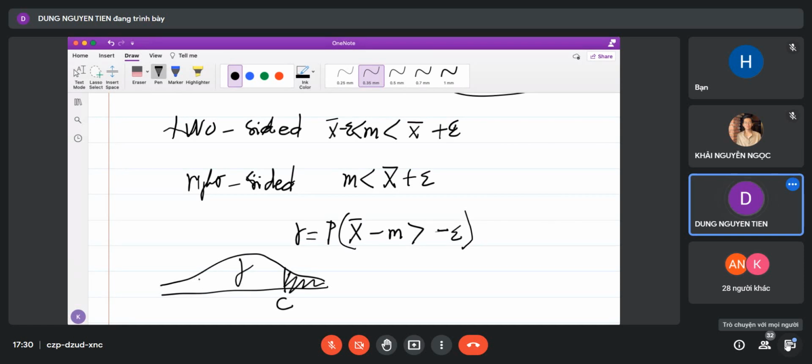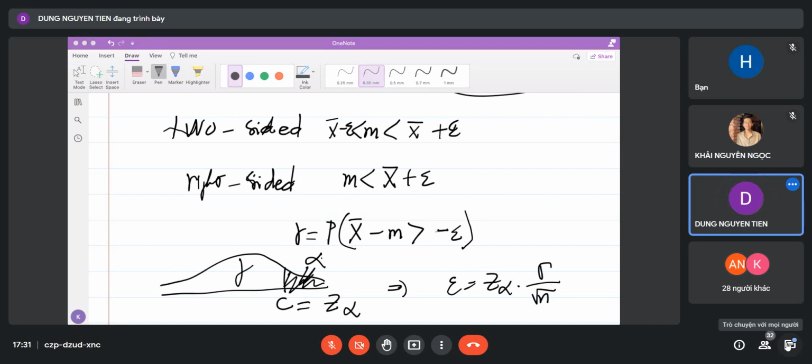The whole thing is gamma, including the left tail; you don't have the left tail in this case, and the right tail should be alpha, not alpha over 2. So c becomes z alpha, and epsilon is z alpha times sigma over the square root of n.